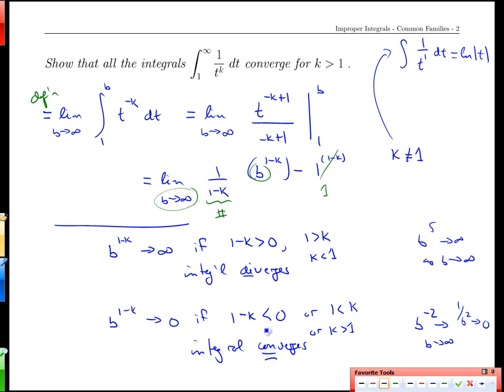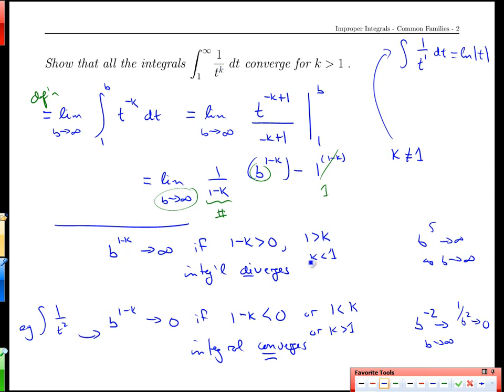So, we'll look at some scenarios here in a second, but we notice this very important distinction that if we have 1 over a power of t, it depends on what the power is. Some powers will converge, so if you have t squared, so this would be an example, the integral of 1 over t squared, that will converge.